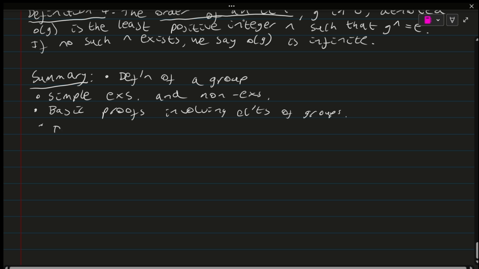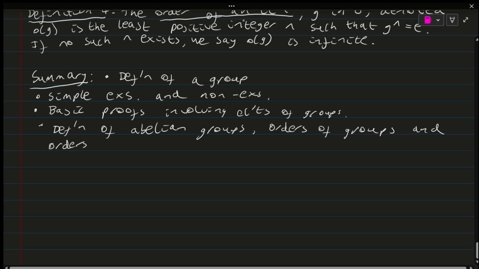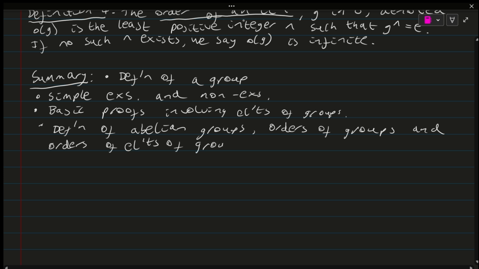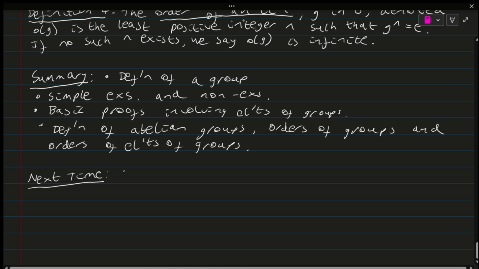We've defined abelian groups, orders of groups, and orders of elements of groups. And next time, we're going to look at a specific class of examples of groups called cyclic groups.